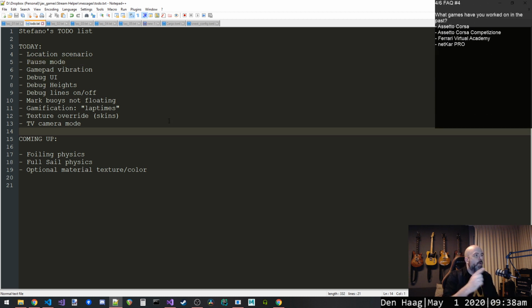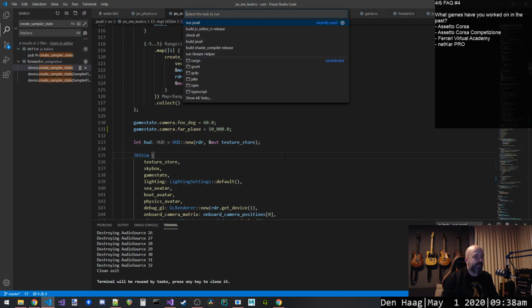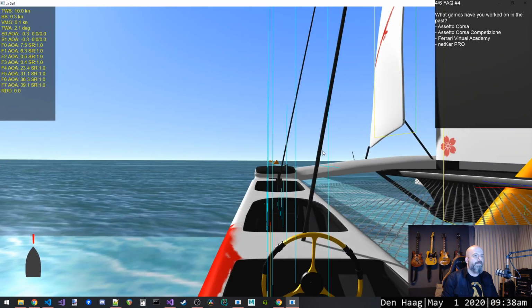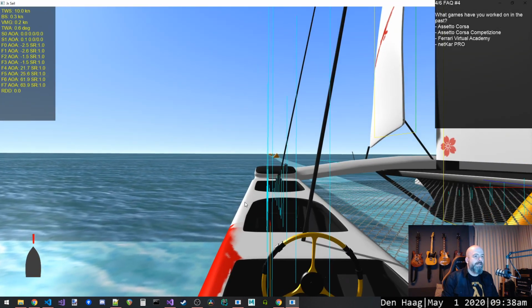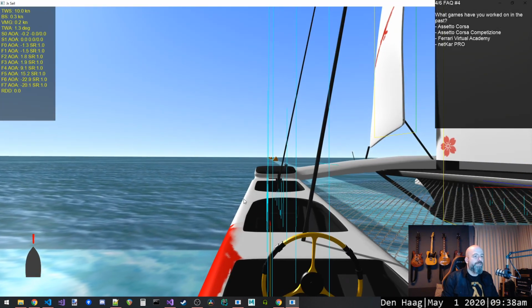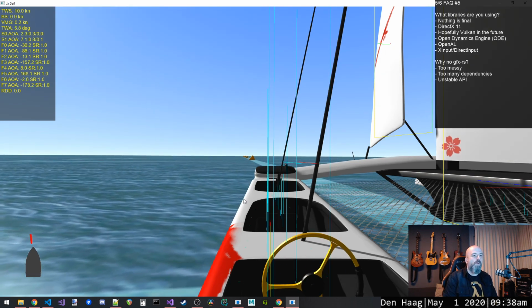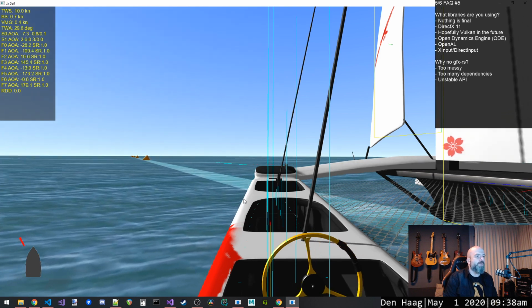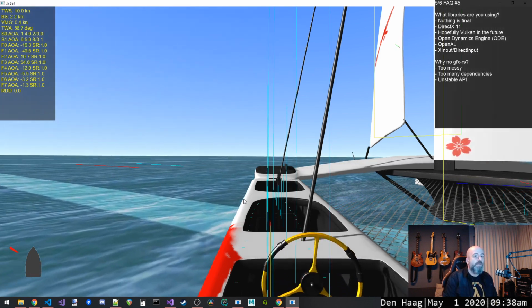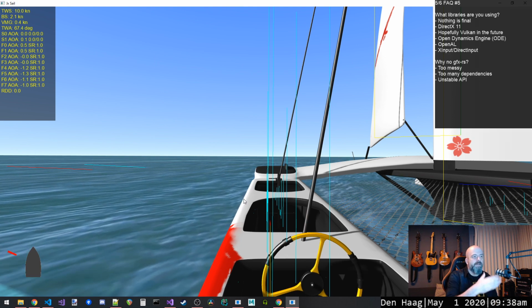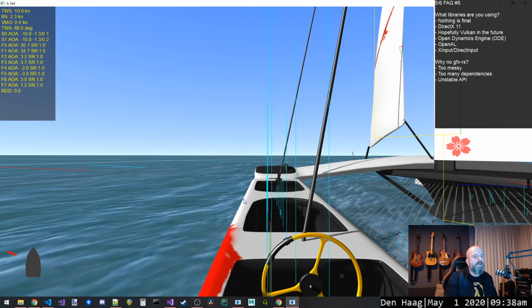We proceed. What's the idea with the location scenario? So I was saying that for me, it was very difficult the other days to just choose a direction and go for it, right? Because everything was sea. I had absolutely no reference point, especially if I'm trying to go 90 degrees and I don't even have those marks to help me.